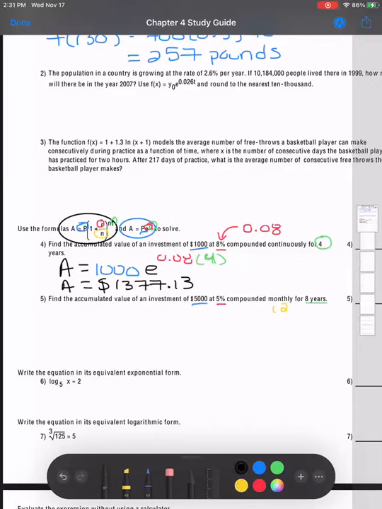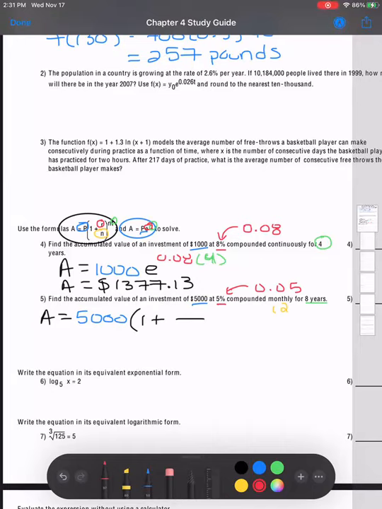So then we just plug everything into the equation. We have A equals P, which is the 5,000, times 1 plus r over n. That r is the 5%, but we're going to have to turn that 5% into a decimal, so it's going to become 0.05.